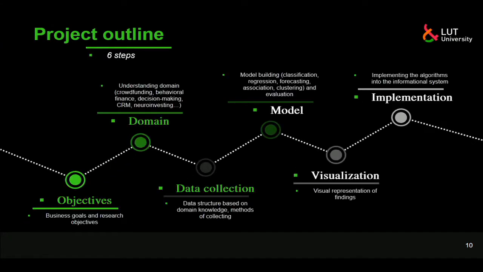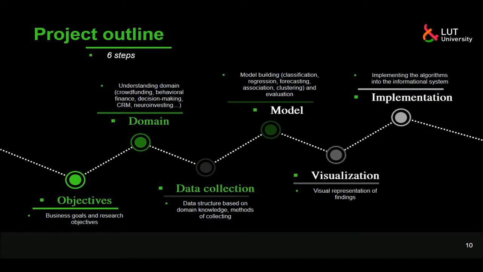And here I would like to discuss a little bit about the project outline. We started from identifying objectives, which I already discussed, so that's some business goals and research objectives. Then the next step was to identify a domain, and some literature review has been done, and we found some interesting findings from that.